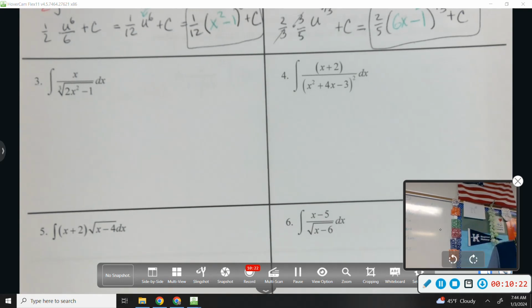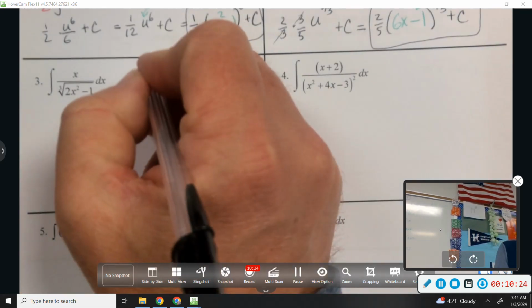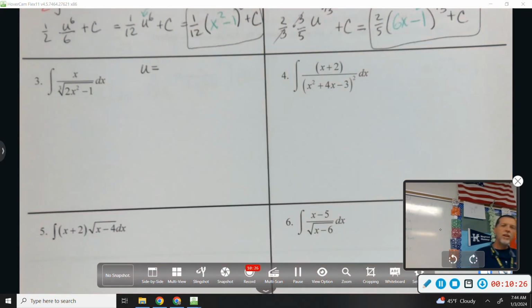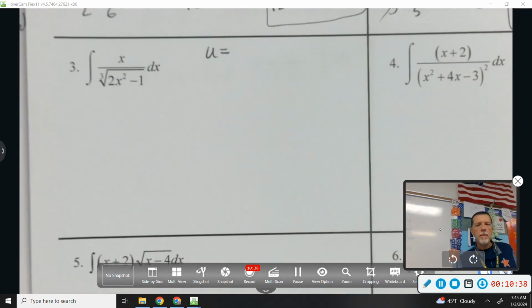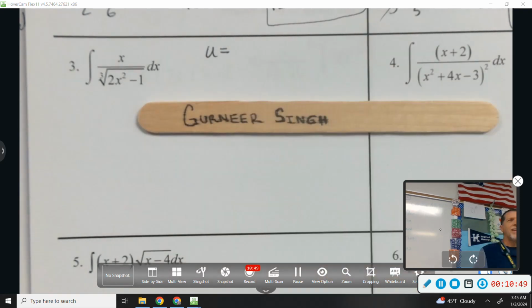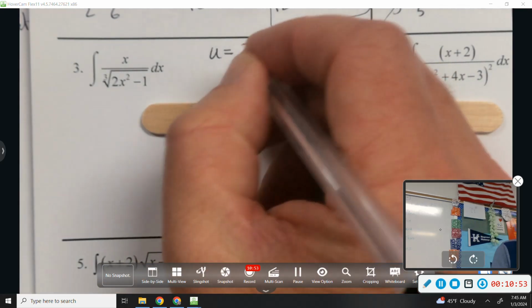How about number 3? Any thoughts on what u should be? Especially thinking of what could I pick u to be to make du show up? Let's pick on somebody then. Gurneer, thoughts? Good. 2x squared minus 1.